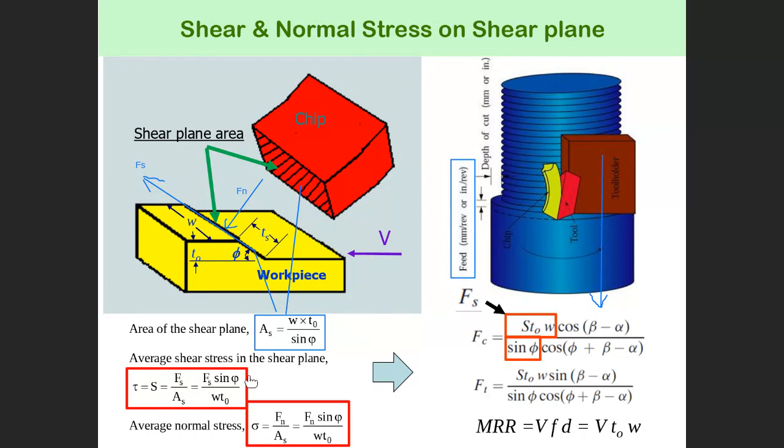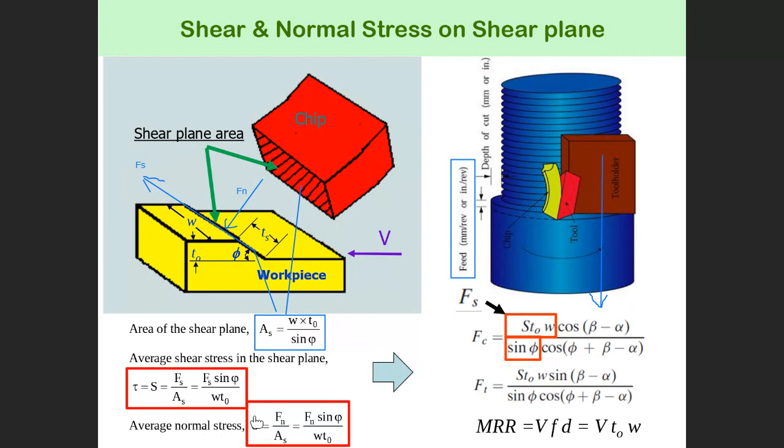We probably don't measure Fc and Ft; we can just get Fs from the equation as a function of shear stress. Because Fn is applied normally, the normal stress equals Fn divided by As.